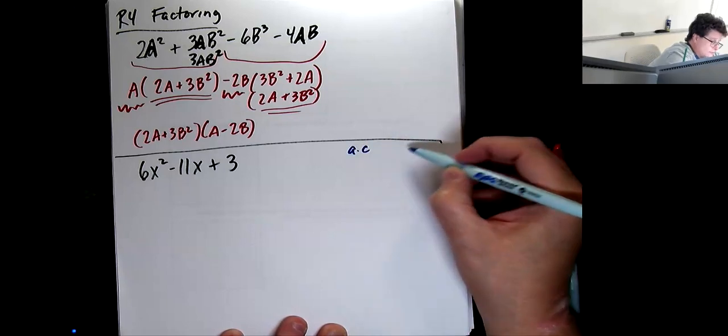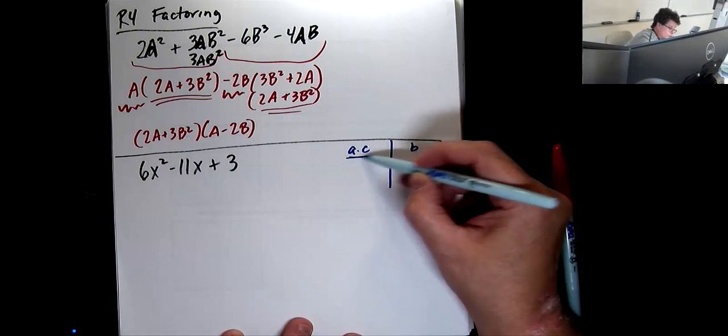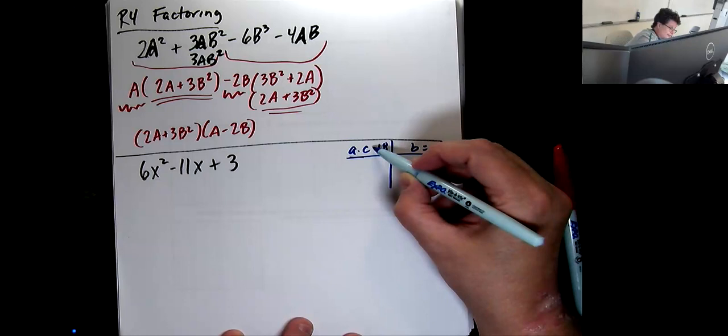Multiply 6 times 3, and we got our B. So it needs to multiply to 18 and add to negative 11.